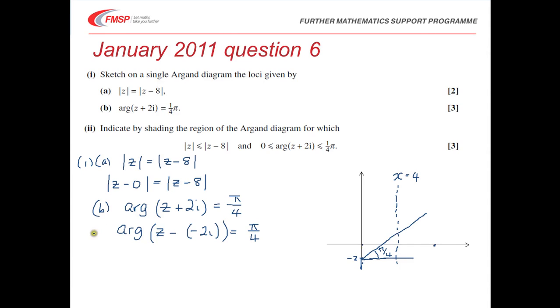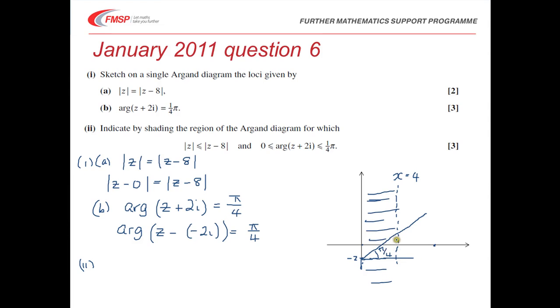And then in part 2 it says indicate by shading the region. So mod z has to be less than mod z minus 8, which means that it is going to be to the left. So all of that's going to be to the left in here. And at the same time, we want the argument to be between 0 and pi over 4.